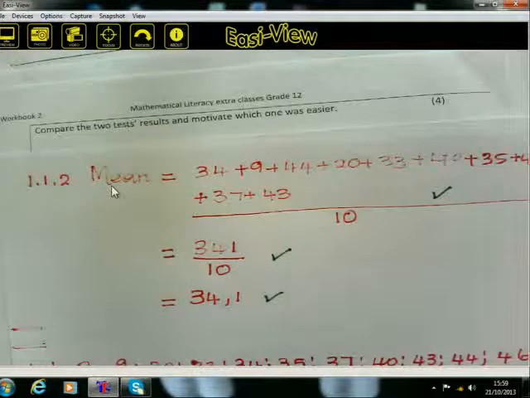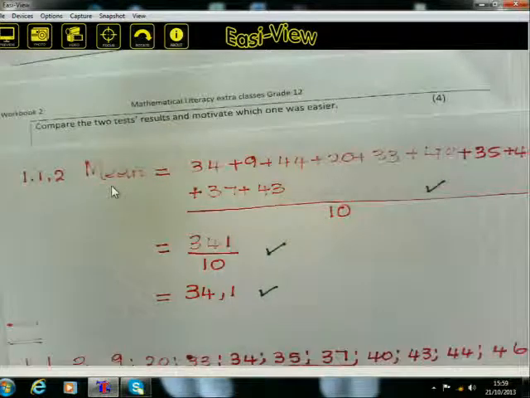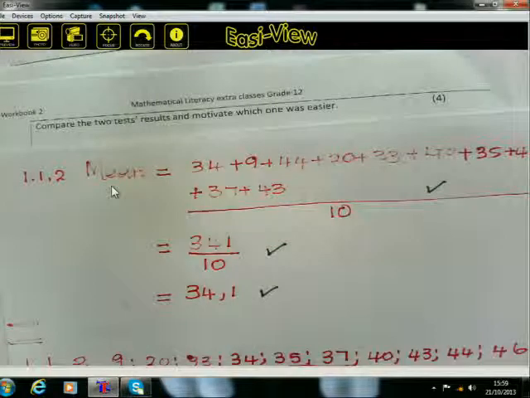It reads as, compare the 2 test results and motivate which one was easier.